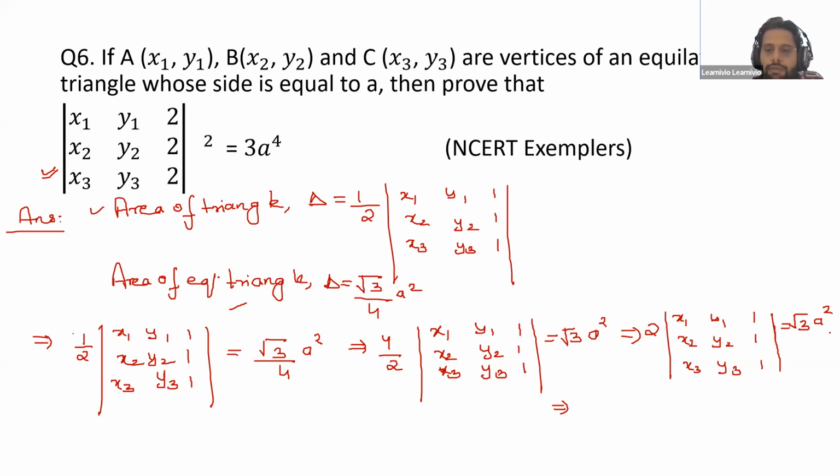Yes, sir. Okay, let me check with others also. Mazia, if you are multiplying this determinant with 2, then what value will you get? Mazia, do we need to multiply all the elements with 2, or will any particular row or column get multiplied with 2? Mazia, is my voice audible? Mazia, yes or no?